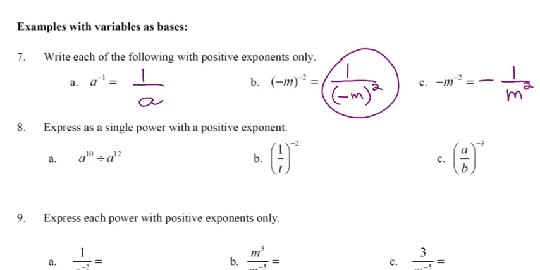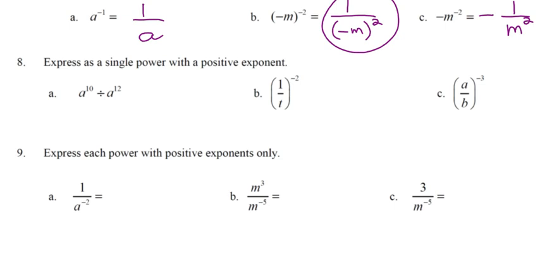So if m was negative 5, you get negative 5 squared, which is 25. If m were 5, you get negative 5 squared, which is 25. So this will be positive regardless. m squared will always be positive, whatever m is. This will always be positive. Then we're taking the negative of that.